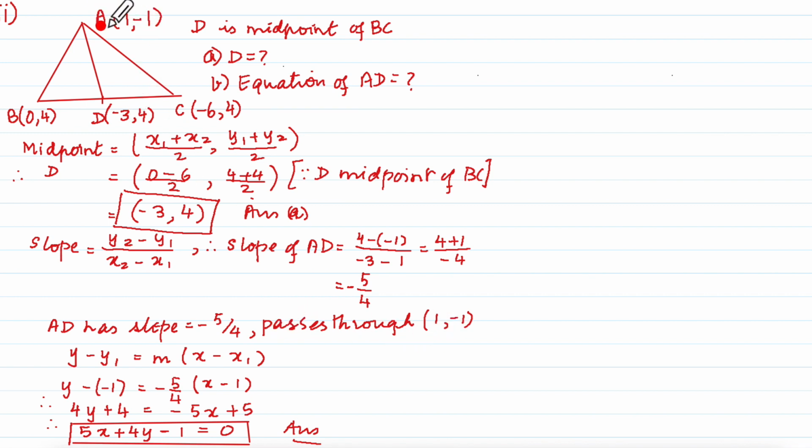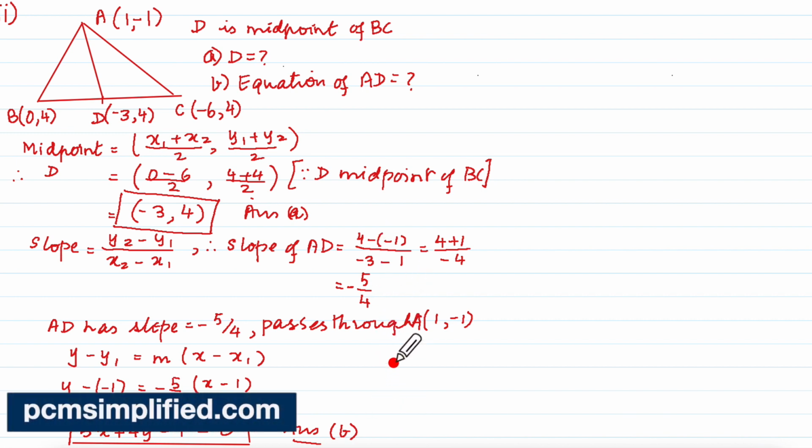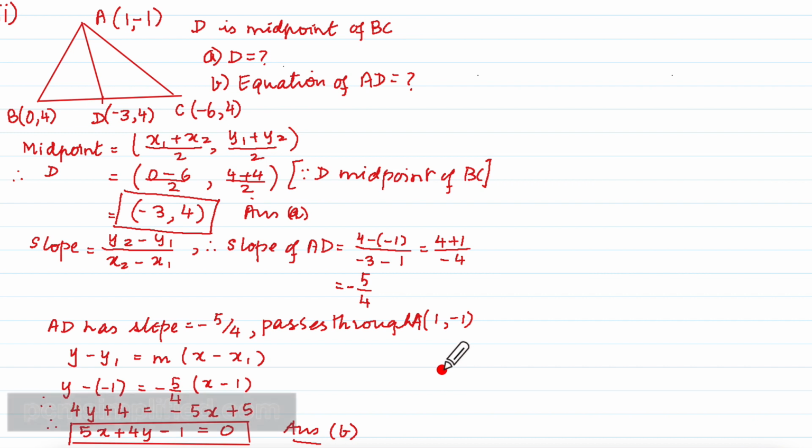I'm going to take this, which is your point A, and then I will use the slope point form, y minus y1 equal to m into x minus x1. After substituting, it gives us this, and this is our answer B. That is how we get our 4 full marks by writing all these steps.